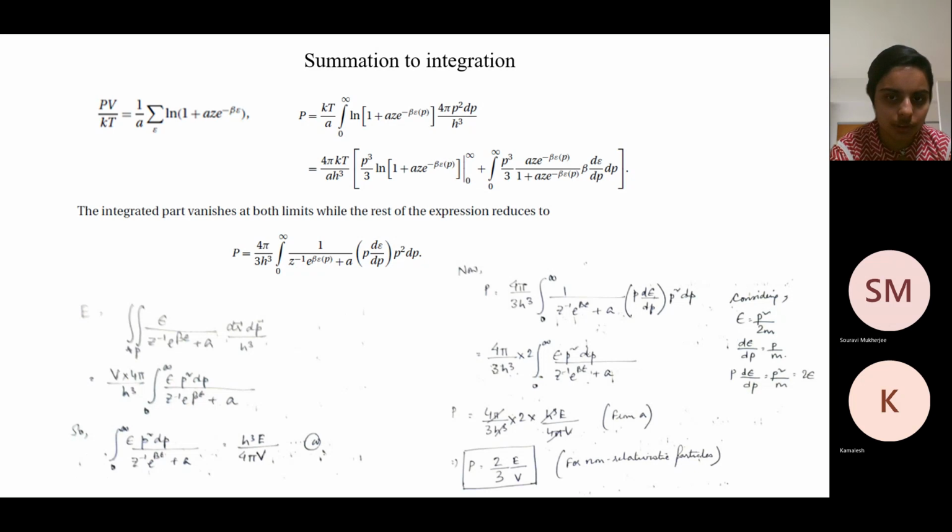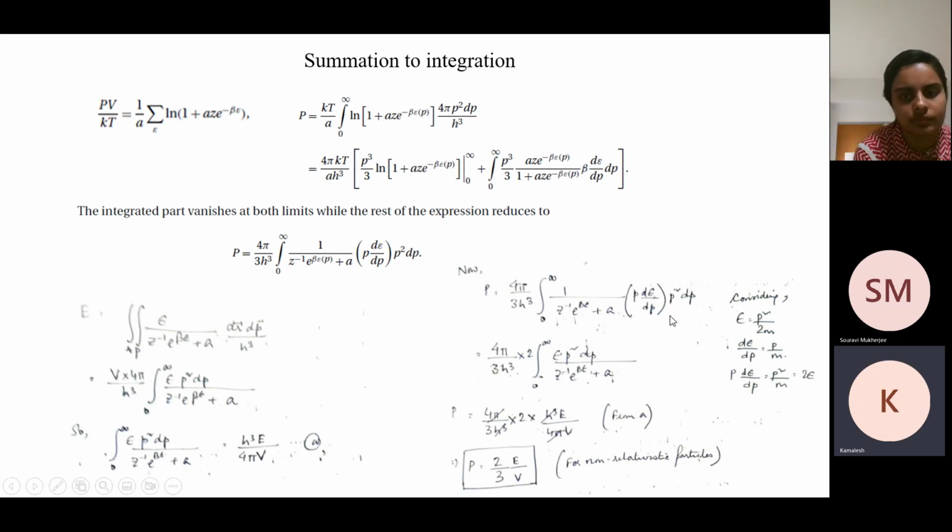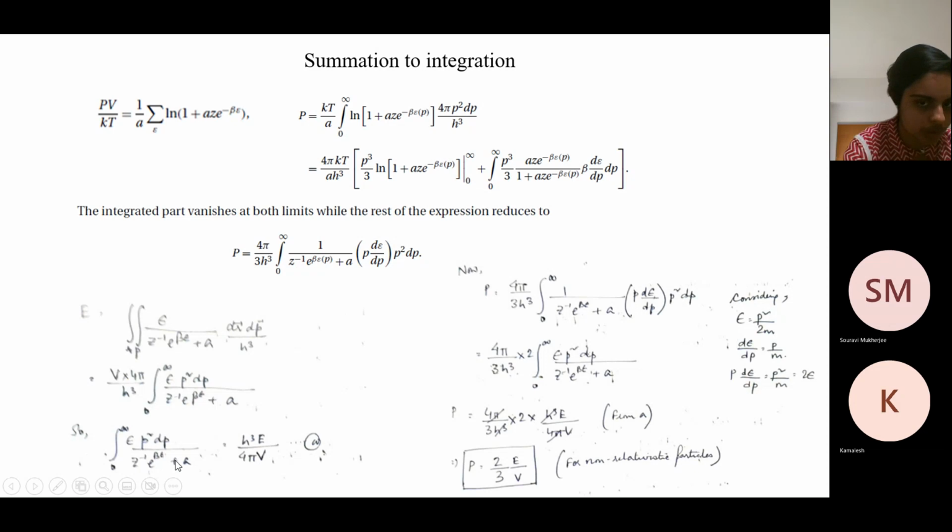So that means you would get an epsilon here, the energy term, and then you would have just P square dP, right? But the integration is with respect to P, so you don't have to do the integration. Once you got that expression, use this relation. What we want to find is a relation between pressure and the total energy.